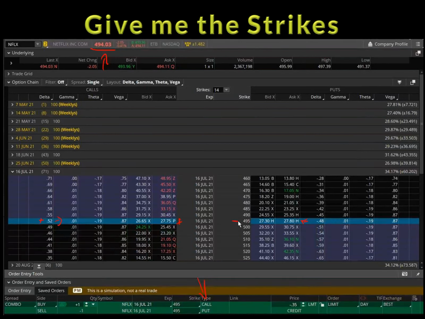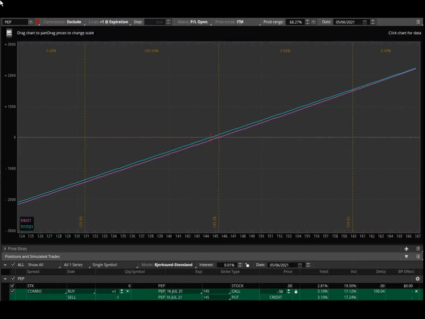I'm long this one and I'm short this one. One goes up, the other one goes down. Perfect scenario for me. And it will change on 100 deltas. Ultimately, this is the Analyze tab. If I set up the Pepsi trade, we can see that it is running lockstep with where the underlying is trading, dollar for dollar.